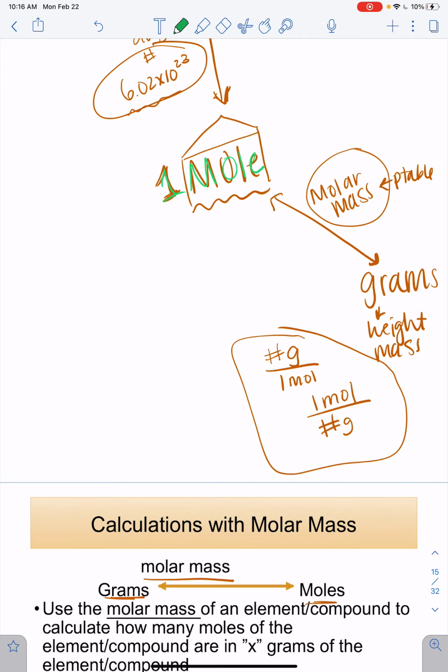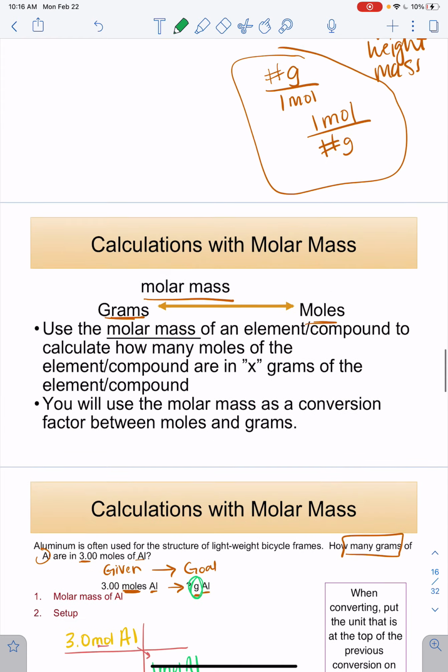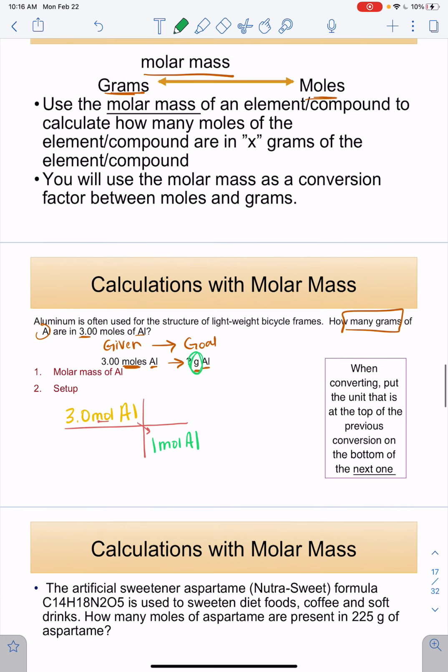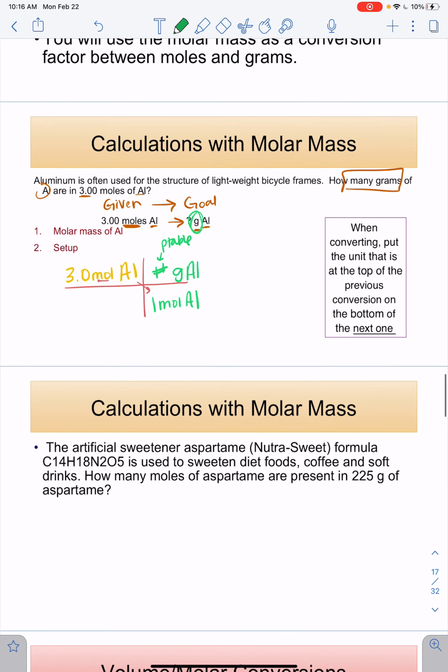Okay, now currently I'm in moles and I'm trying to get to grams. So to go from moles to grams, I'm going to use one of these conversion factors. Since moles is on top, I need to put grams of aluminum on top. Now I just need to look at the periodic table to figure out what number goes with grams of aluminum. On the periodic table, this is what aluminum looks like.